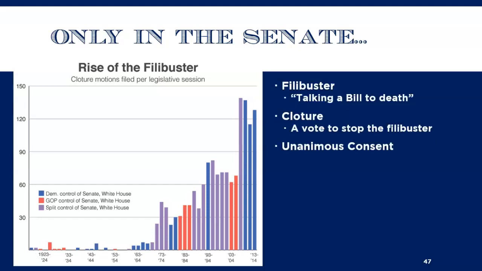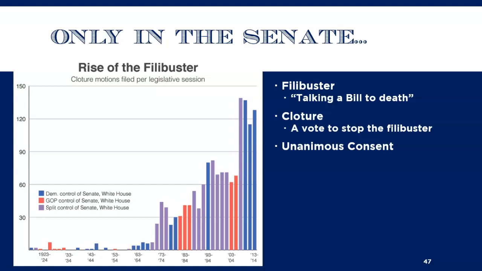All right, the next thing we're going to talk about is unanimous consent. Unanimous consent is basically a lot like a filibuster.